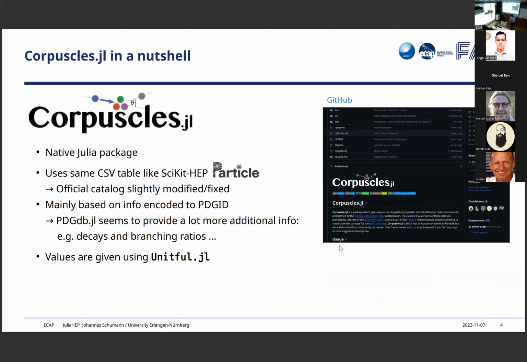We took the CSV table from there, which is mostly the official CSV, but with some errors corrected for the parsing. So it's mainly focused on the information encoded with the Monte Carlo ID, or this PDG ID.